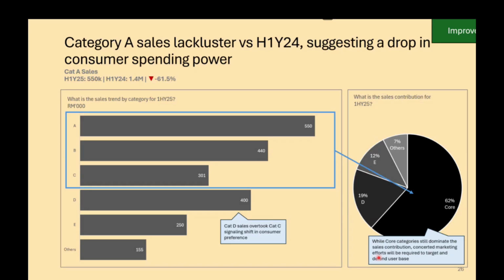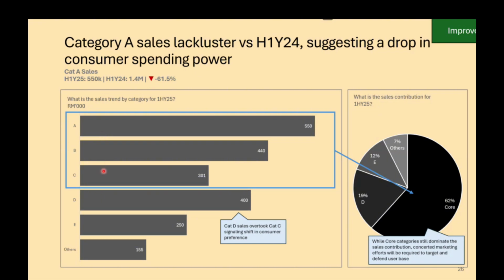So if I want to summarize everything that I have said earlier, we have an anchor statement. So the eyes will go in a Z pattern. Category sales lackluster. I am a quick reader. So over here, I will quickly be notified by this minus 61%. Okay, so this is alarming. Then the next thing is sales trend.